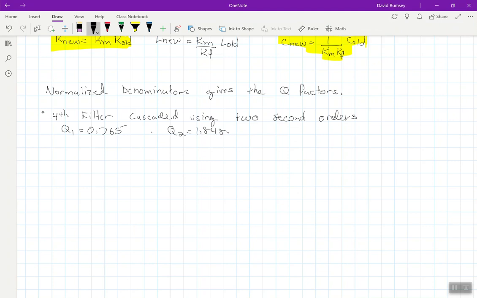Okay, so those are what we're going to want to have for our Q values for our fourth order filter. And that's just from this table.